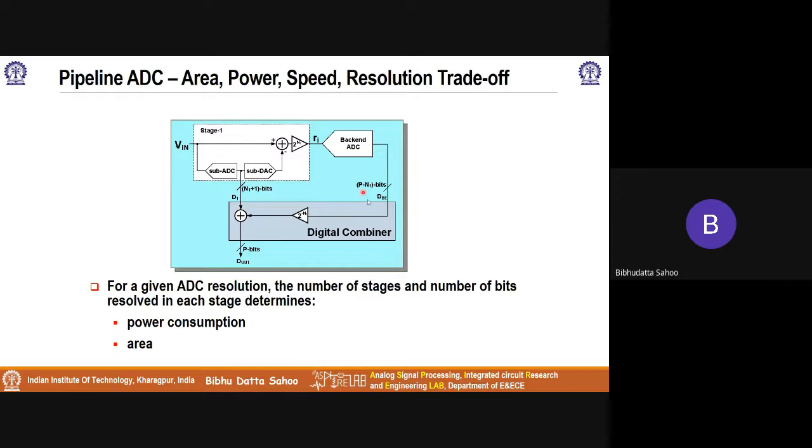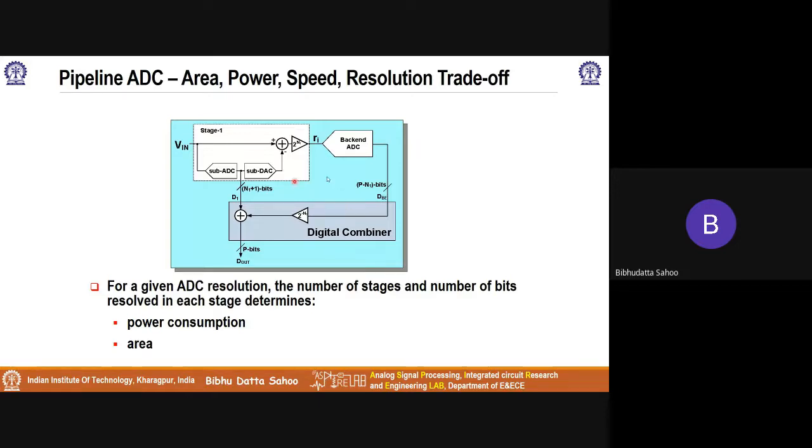Any possible combination is valid. Now, the question is, what should be N1 such that the overall power consumption of this ADC is as small as possible? That is the optimization problem.